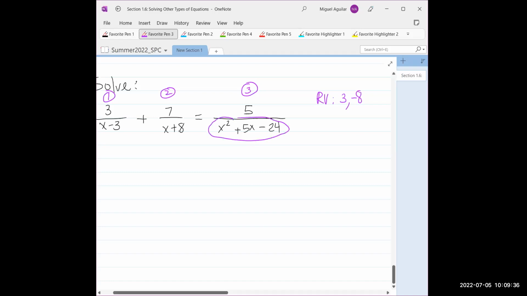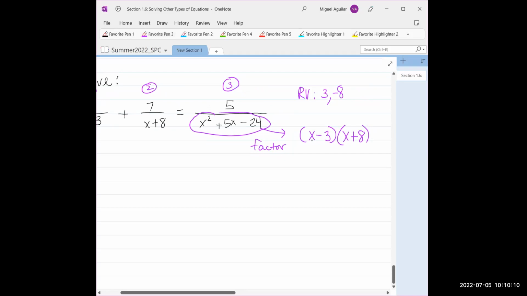If you were to factor this thing using the AC method, you would see that you get the following factors. Now, I'm not going through the AC method process here. I'm just trying to get you to say, if you were to sit down with a scratch piece of paper and factor this using the AC method, at the end of that process, you would get x minus 3 and x plus 8.